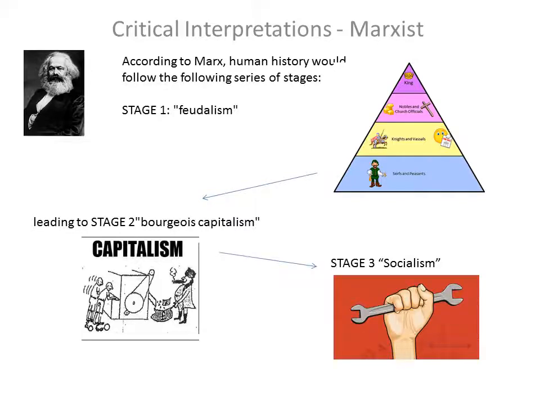Stage three he saw as socialism, and that was basically revolution, where it would hit breaking point and the exploited workers would rise up against the bourgeoisie. You'd have a breakdown of the capitalist system and an attempt to organise society on a more equal footing, where wealth was shared and the means of production were owned by everybody. According to Marx, capitalism was basically doomed.